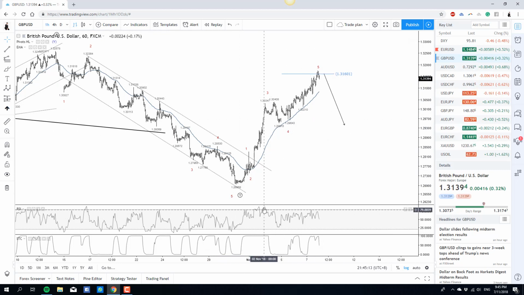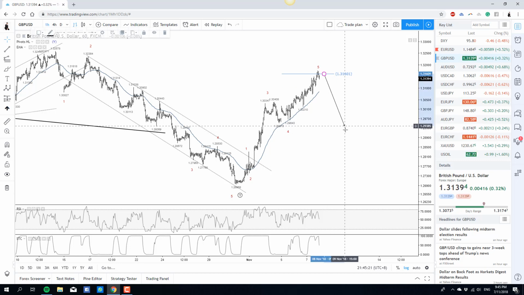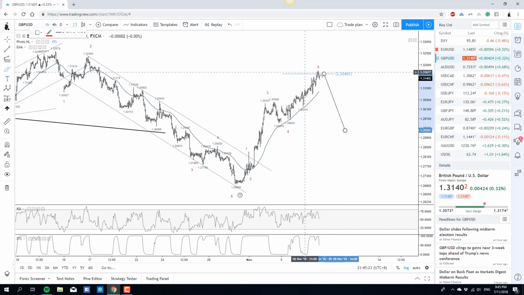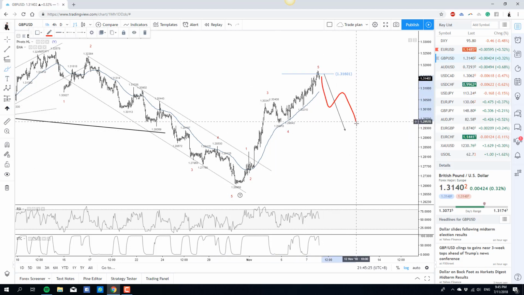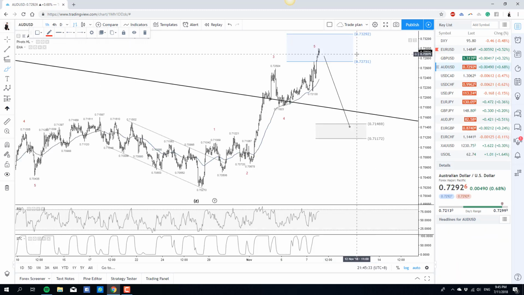Between wave 3 and wave 5 there is a divergence, and based on Fib, wave 5 has also reached its minimum expectation. So I expect at least a 3-wave corrective move to the downside, ABC, potentially finding support at the previous wave 4 area. So that's for pound dollar.